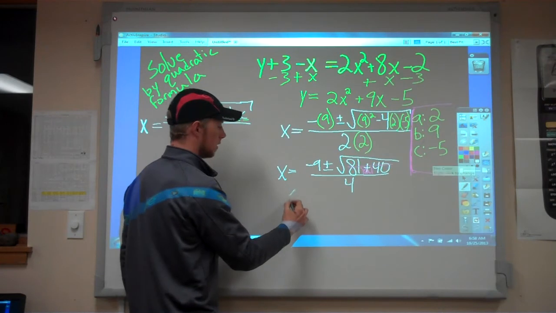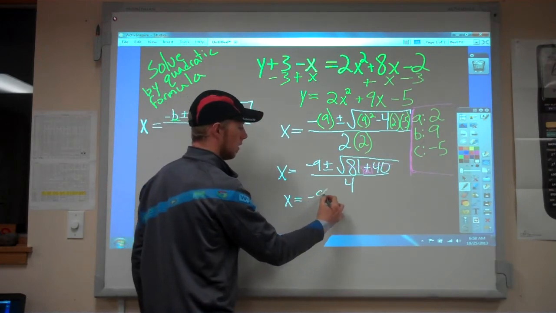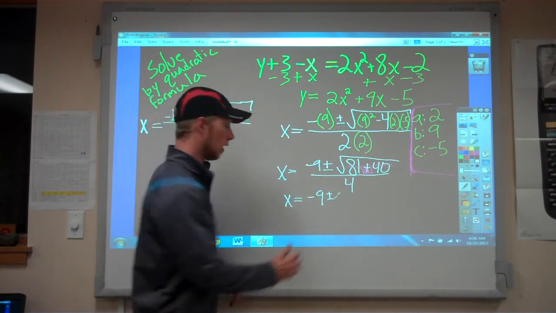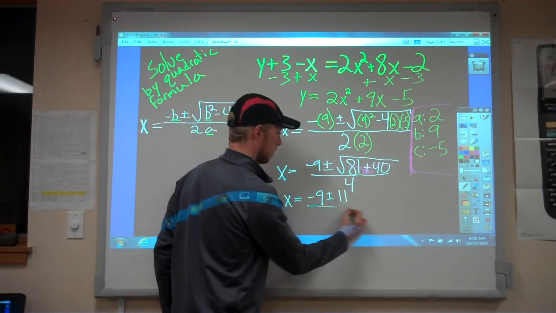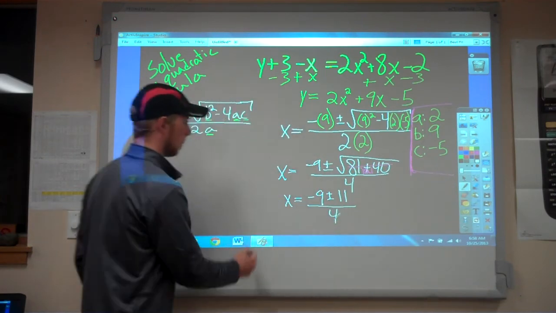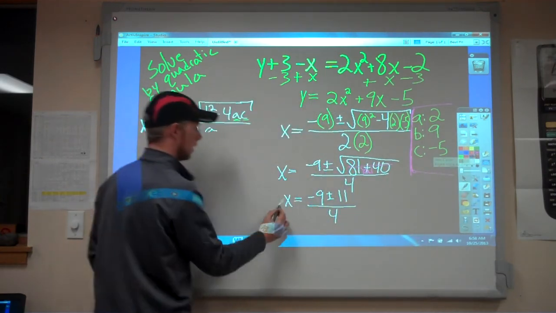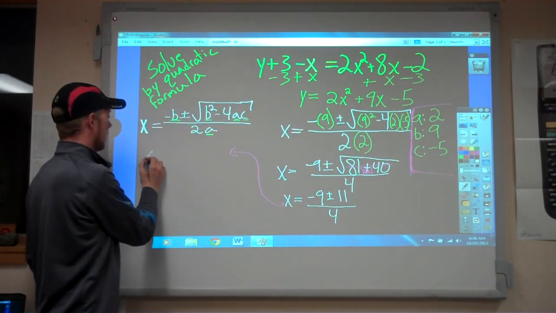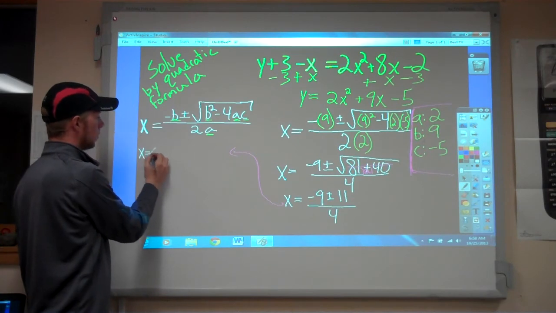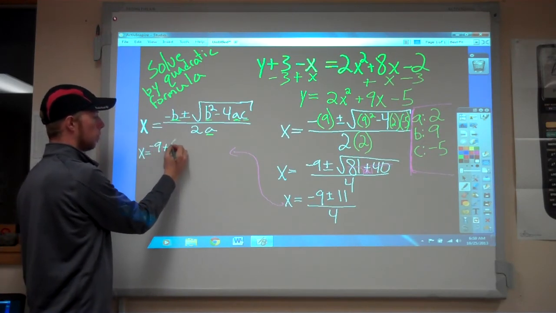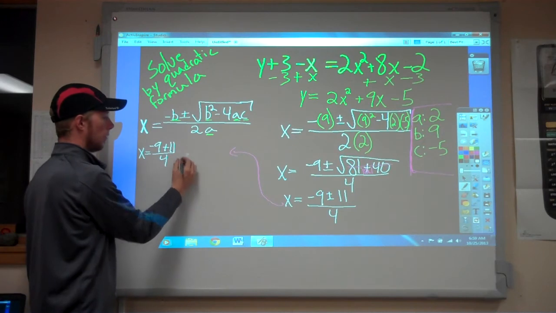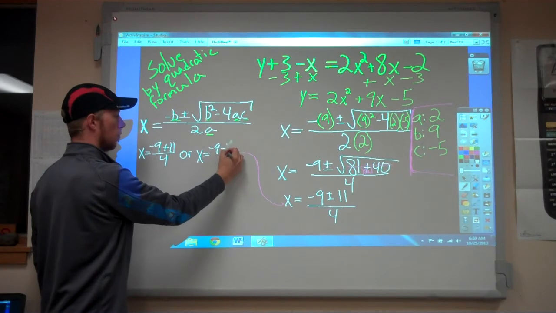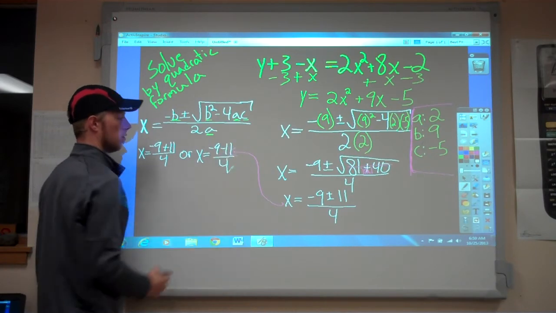My next step is to say x equals negative 9 plus or minus. Well, the square root of 121 we know is 11, over 4. We're going to bring it back up here. X equals either negative 9 plus 11 over 4, or x equals negative 9 minus 11 over 4.